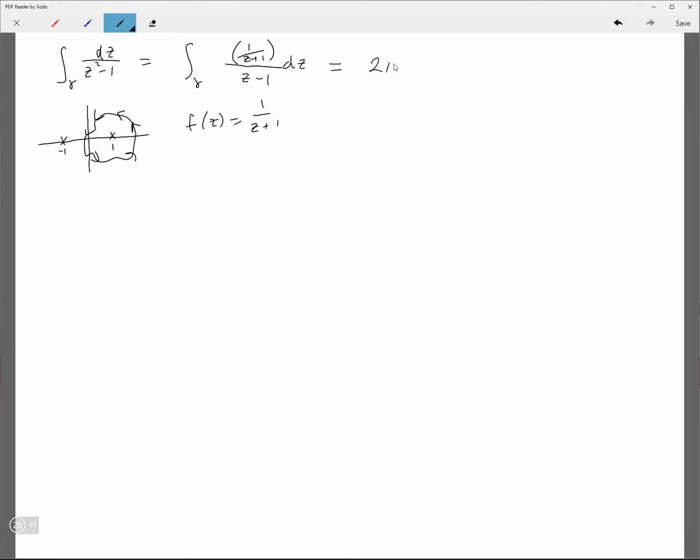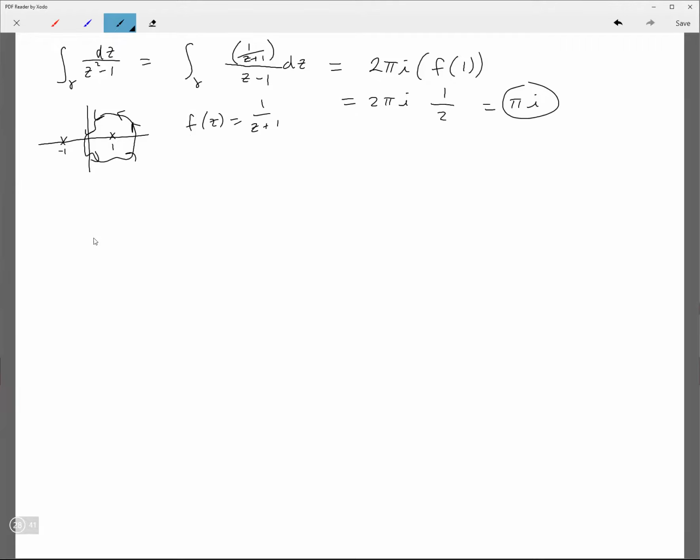So this is going to be 2 pi i times f of 1. Your w is your 1, right? f of 1, just put a 1 in here, you get 1 over 2. And then you get pi i, which is the same answer that we got before.